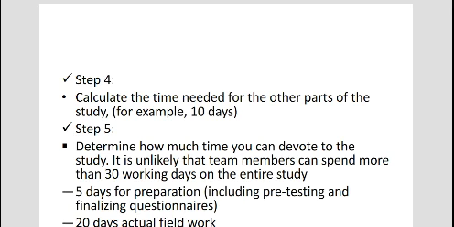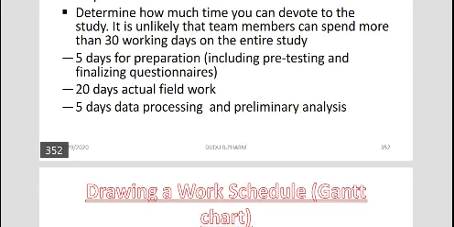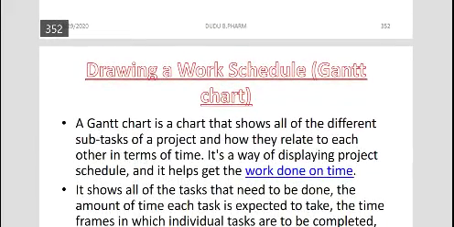Then from there you try to design something and present a Gantt chart. With this little concept, try to draw the work schedule or the Gantt chart according to your understanding. Please draw a work schedule or a Gantt chart in our lesson and let me see.